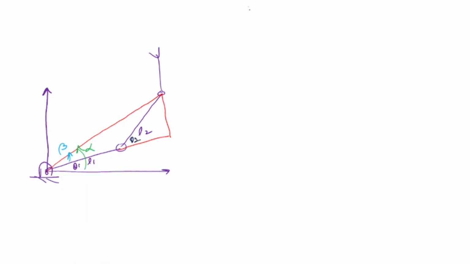So theta 2 is known. We have already obtained theta 2 as 29.98. Now we need to find theta 1. First we have to find tan alpha.